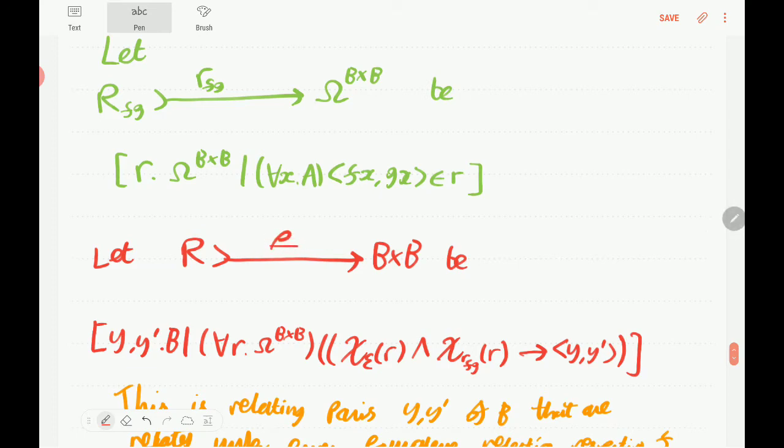Now, what we're going to do is define another relation, rho, and this is a sub-object of B times B. And basically, this rho here is another equivalence relation.